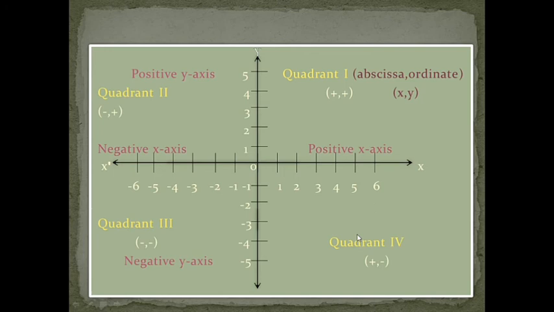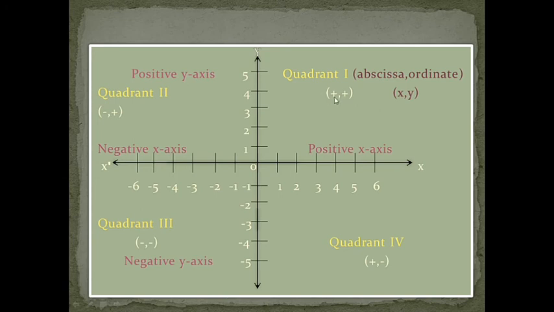So in quadrant 1 you notice that from the origin along the positive x-axis and from the origin along the positive y-axis, both values are positive. It means in quadrant 1 we get x as positive and y also positive.